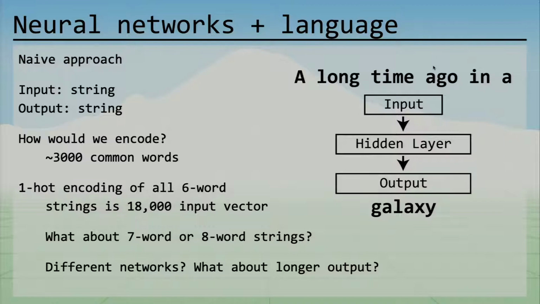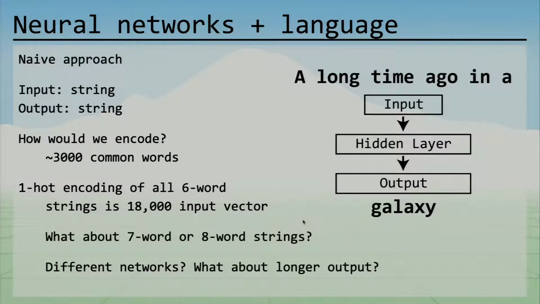Oftentimes what happens upcoming in a sentence actually depends on what happened a long time ago, in a sentence, in a paragraph, in a body of text. So we want some way of doing this processing such that we can model these longer term dependencies and also don't have some huge blow up in terms of what the input to our neural network looks like.